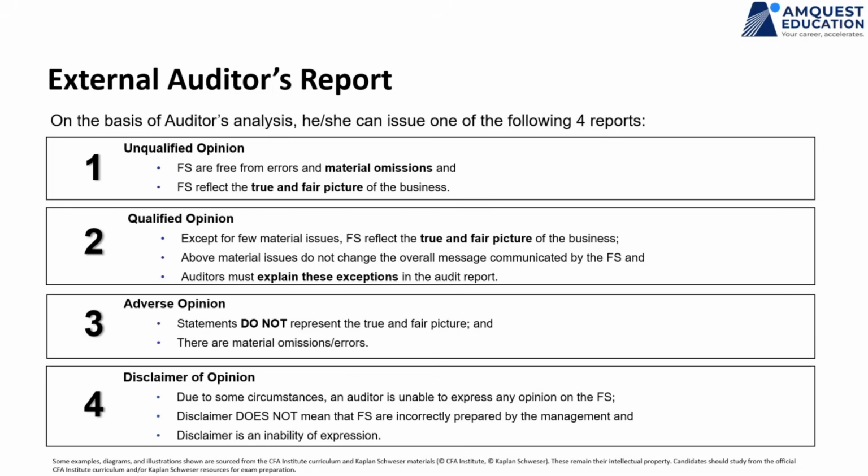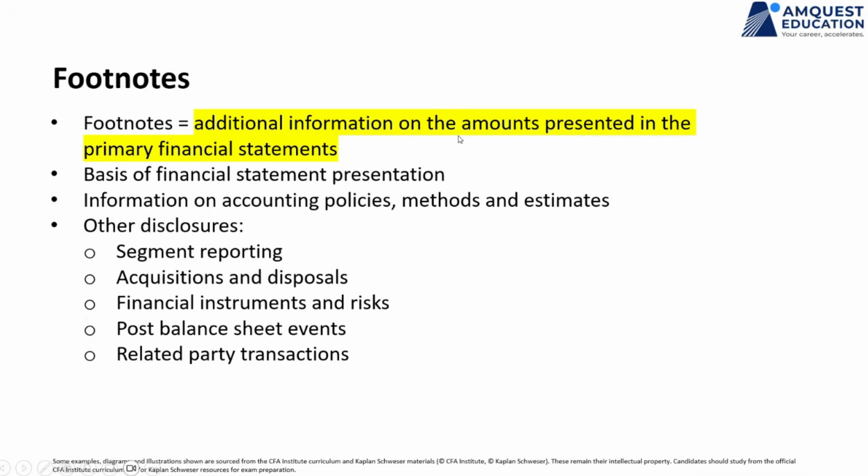But please note, the disclaimer does not mean that the financial statements are incorrect. It is just saying we are unable to offer any opinion. It's an inability of expression. And this may be due to lack of data or lack of expert help provided to the auditors. So the auditor can issue any of the four opinions as part of the auditor's report.